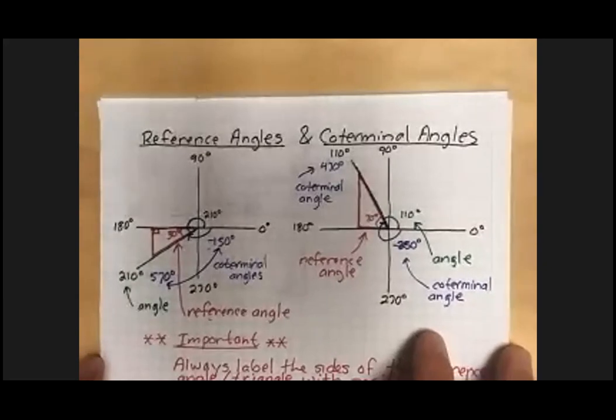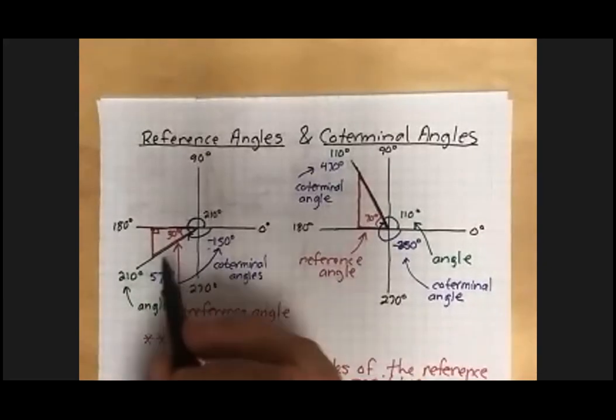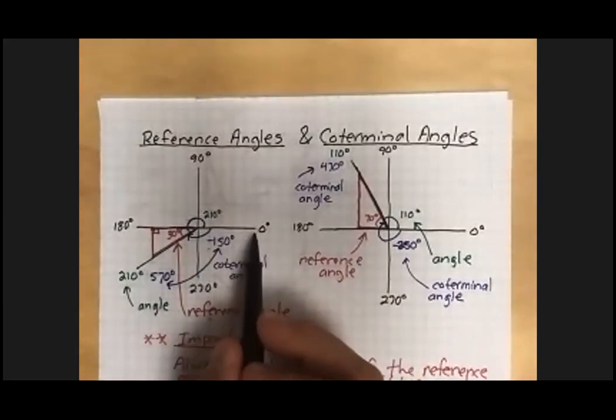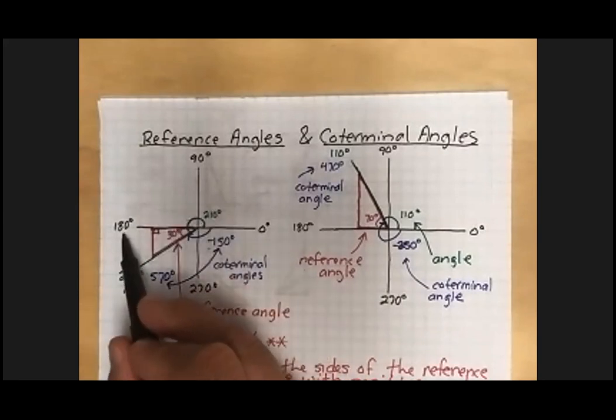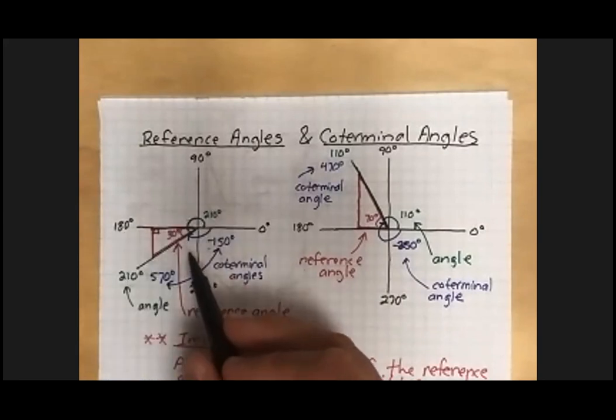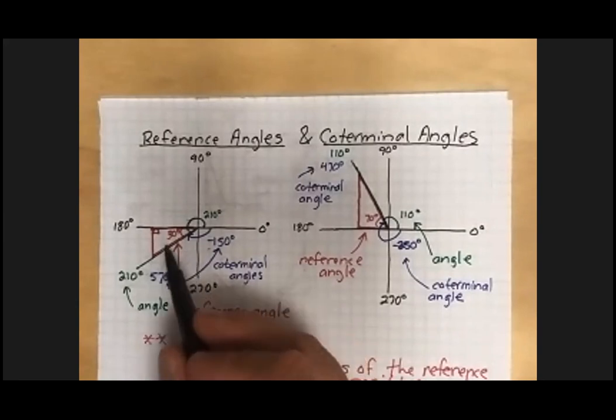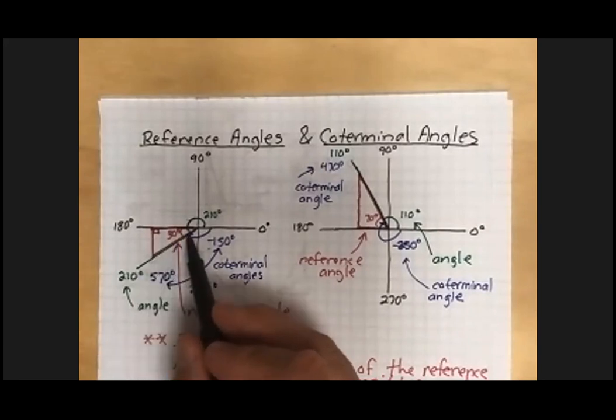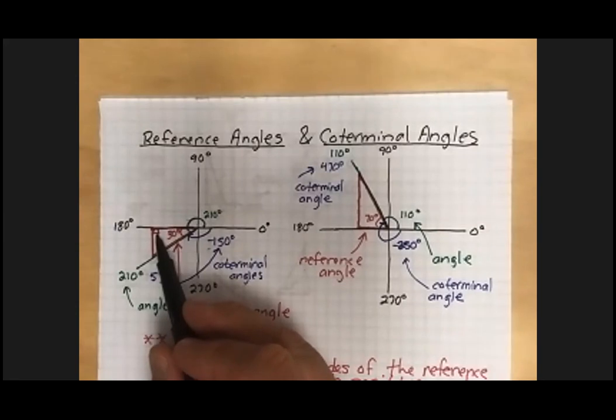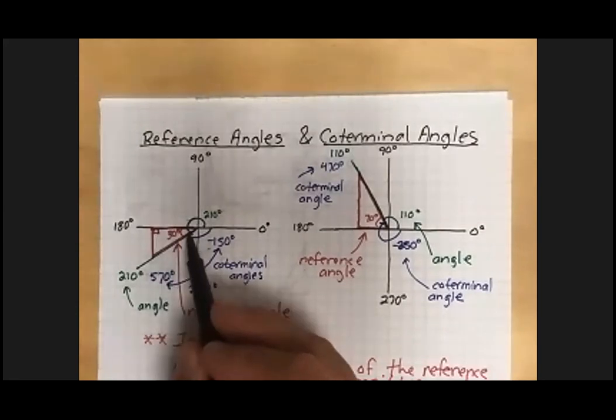So when someone describes an angle to you, like 210 degrees, and 210 degrees is 30 degrees past 180, and they ask you for the reference triangle, what they're asking you for is the right triangle that you would build from that angle. It's based on the x-axis.